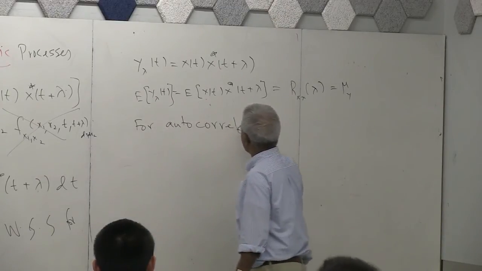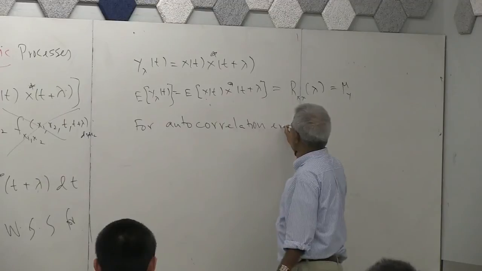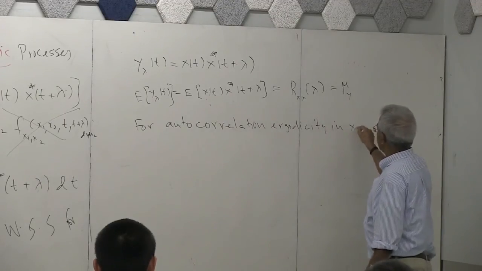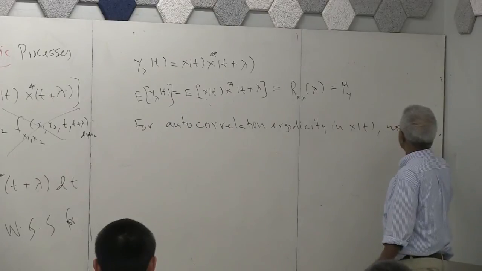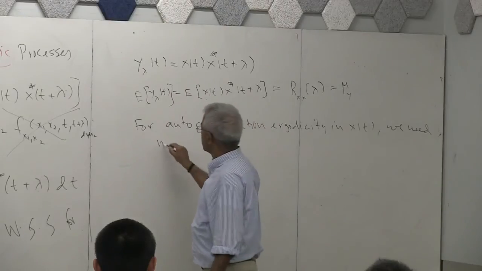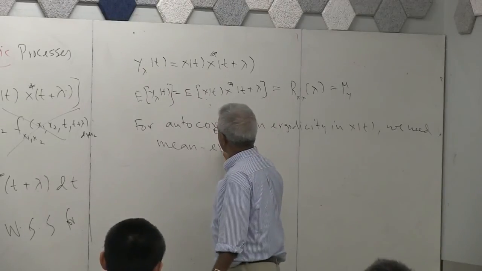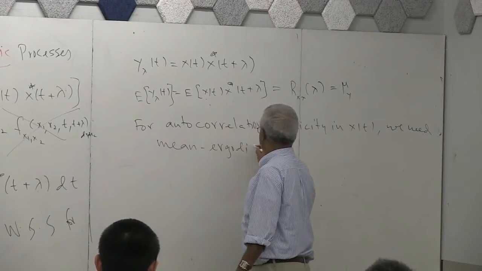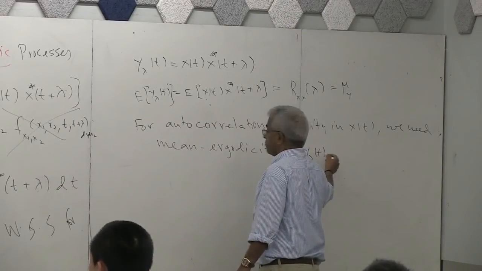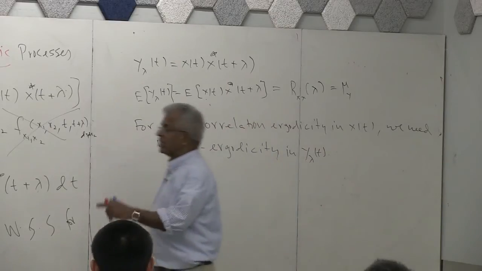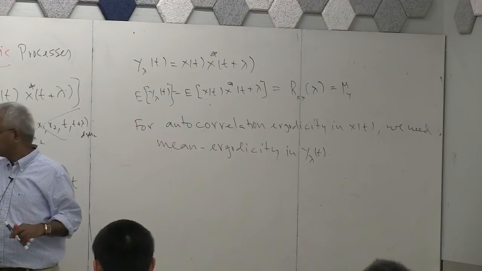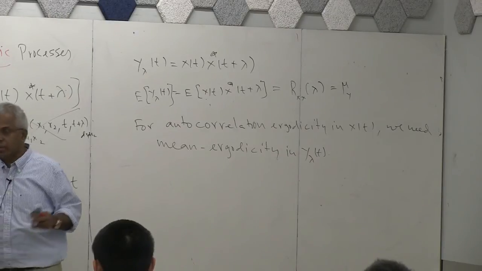So autocorrelation ergodicity in x of t is the same as mean ergodicity in y of t, right? For every lambda. Or, if you don't want to go through that, you can say that this random variable should look like this. So its variance should go to 0.